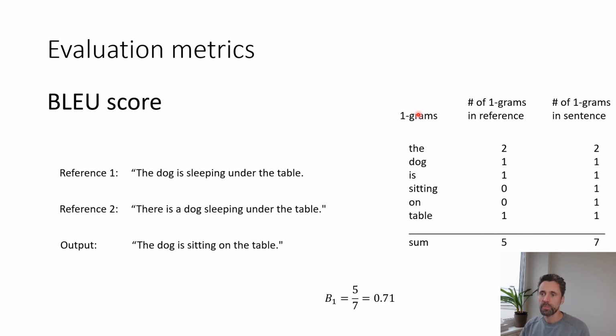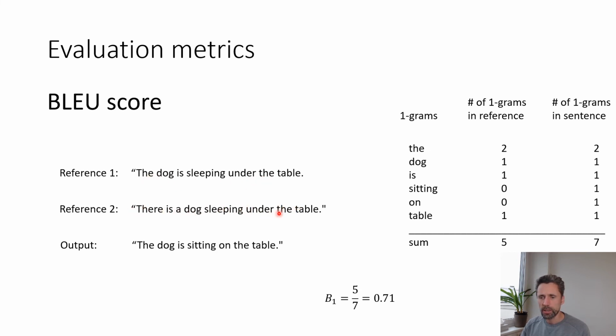So first, let's focus on unigrams. These are the ones that are present in the output. And now we'll first count for each of these unigrams how many times they are present in one of those reference sentences. We take the maximum. So for the word the, we are able to count it twice here in the beginning and there in the back.